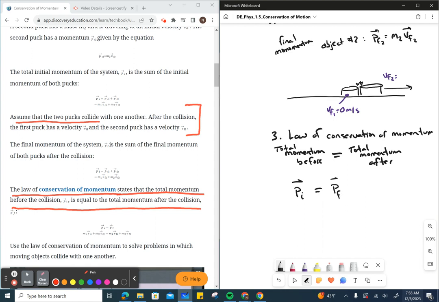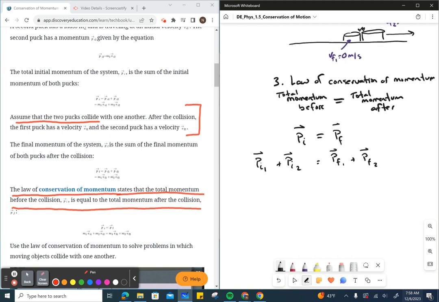Now, in this particular example, you had 2 objects, so we could break this up into its components. We could say that the momentum initially of object 1 plus the momentum initially of object 2 is equal to the momentum final of object 1 plus the momentum final of object 2. Okay. Now we could break that up even further.